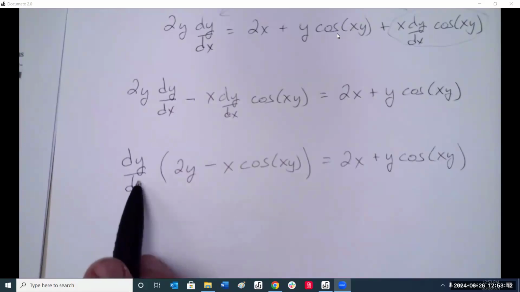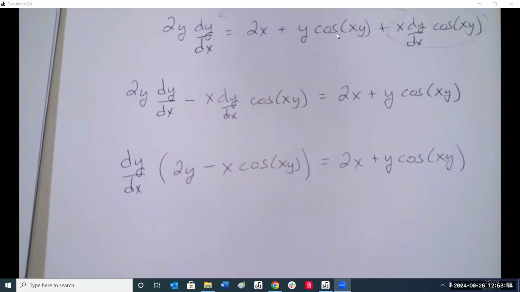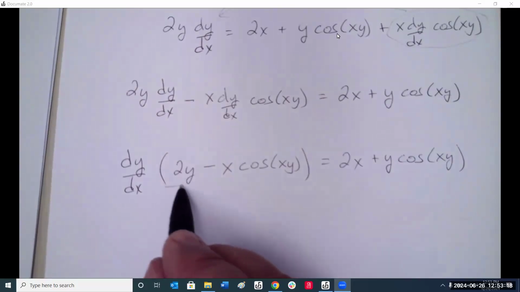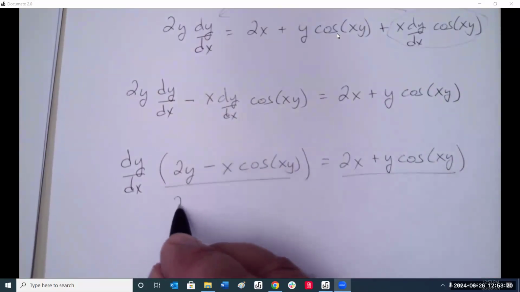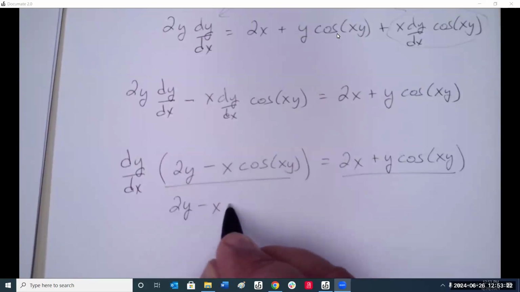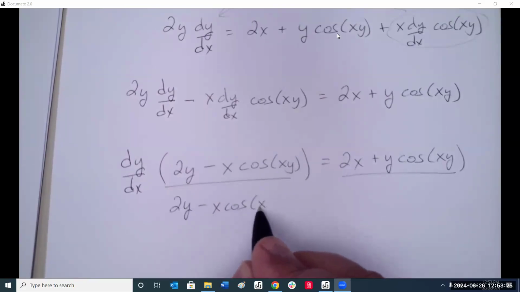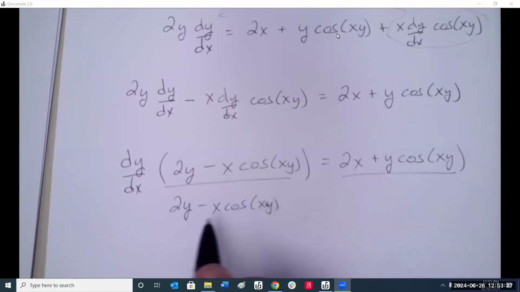To get dy/dx by itself, what do I have to do? Divide both sides by 2y minus x cosine xy.